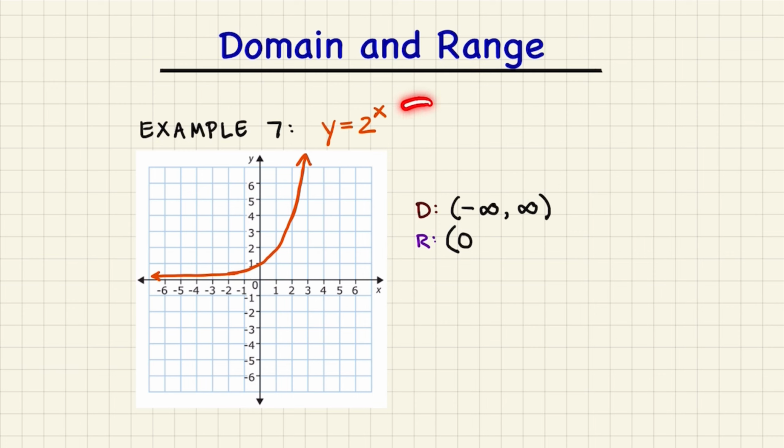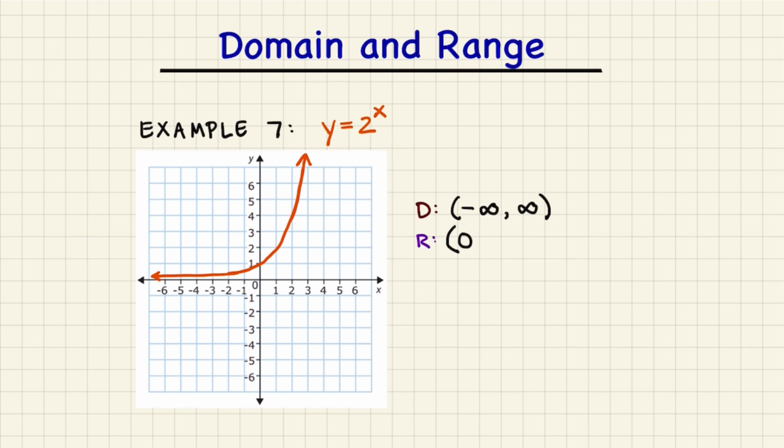And if we look at our equation, we know that for a fact because there's no number we can plug in for x that will make y equal 0. We could put in 0 for x, but 2 to the 0 equals 1. We could put in a negative number for x, but that would just give us a fraction for y.